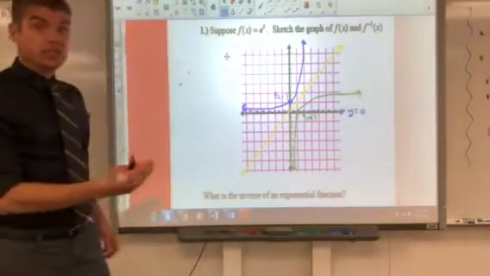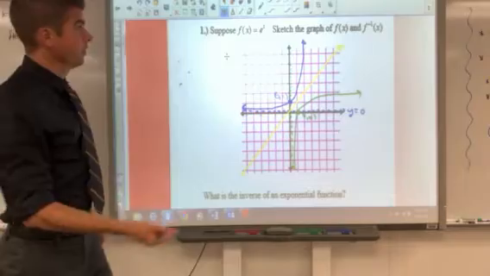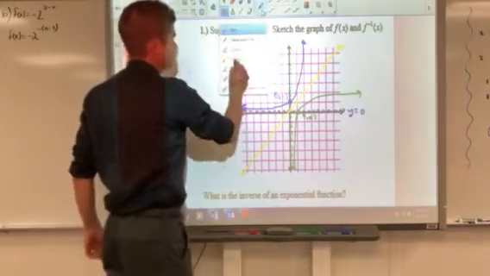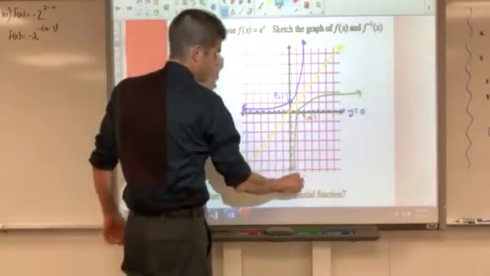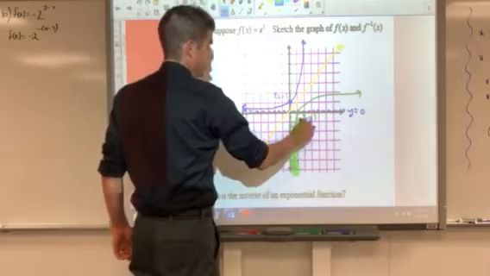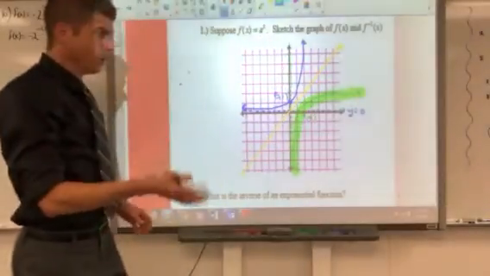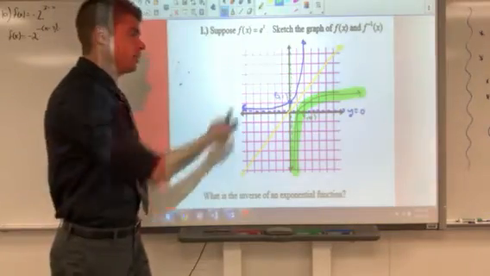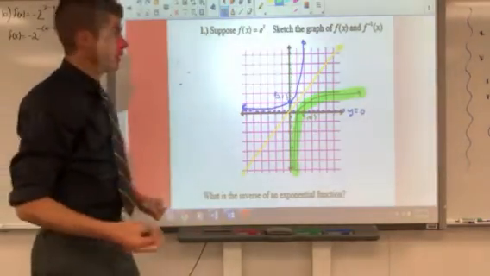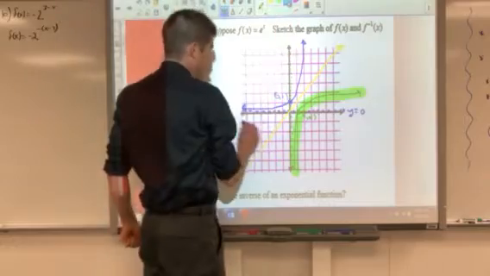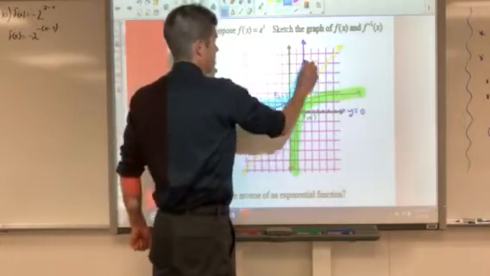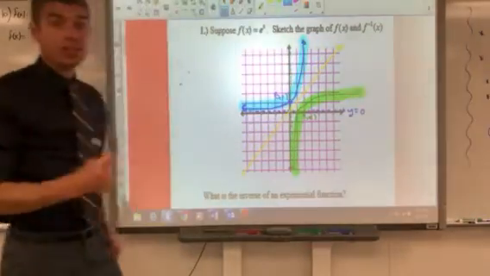So the green shape, which is the reflection, and maybe I'll highlight that just so it comes up a little bit clearer. This shape right here is our shape of every function that's an inverse of an exponential function, which we'll call a logarithmic graph or a logarithmic function. This, remember, was the shape of an exponential function.